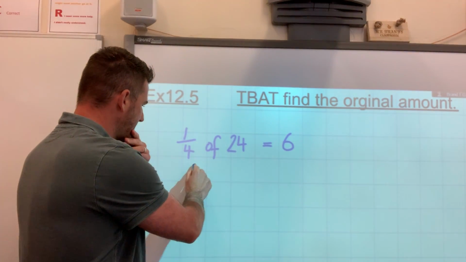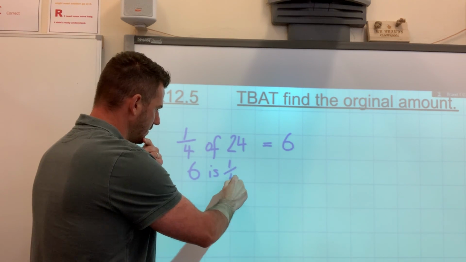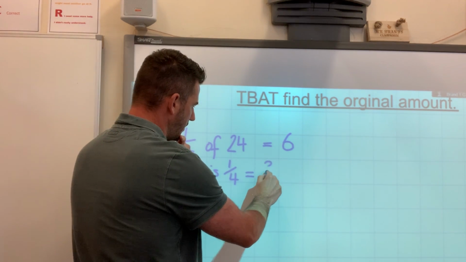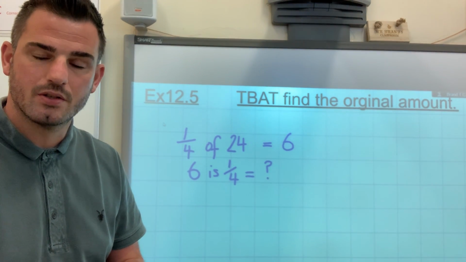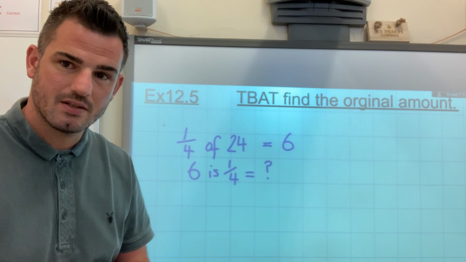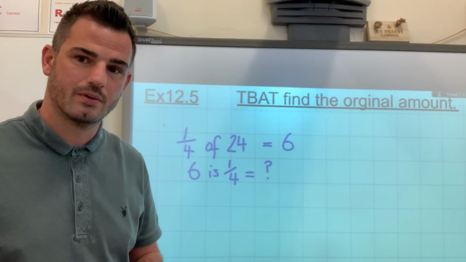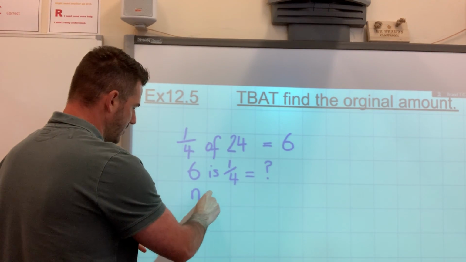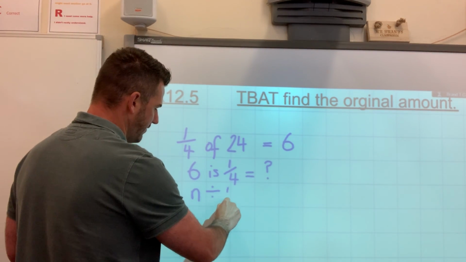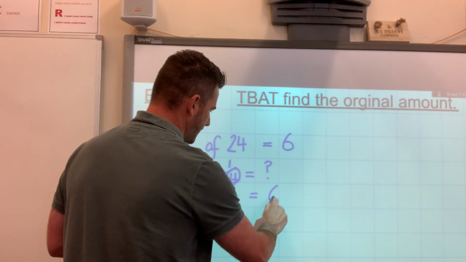However, we know if 6 is equal to a quarter, the question would say, what would the total amount be? So 6 is a quarter of an amount. What is that amount? Well, we know that the amount divided by 4, because we're finding a quarter, is equal to 6.